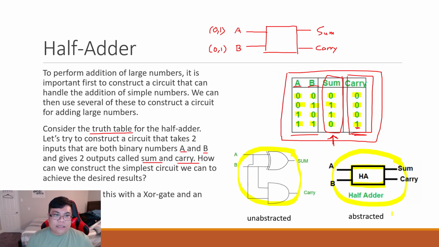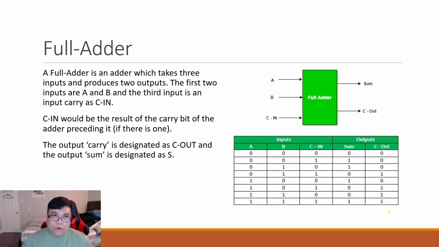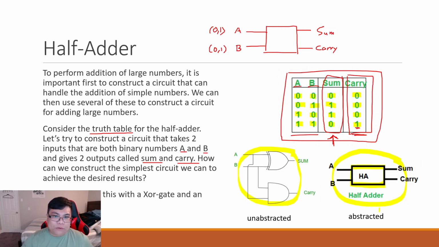So let's move on to the next slide. What I just showed you before is actually a half adder. The way that the half adder works is that it takes care of the addition of two binary numbers.